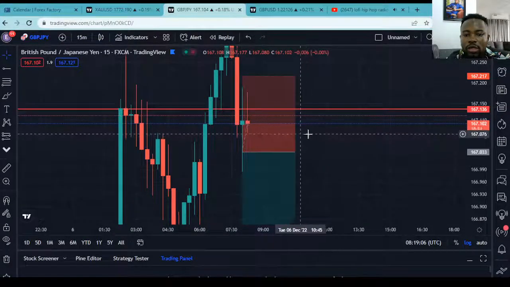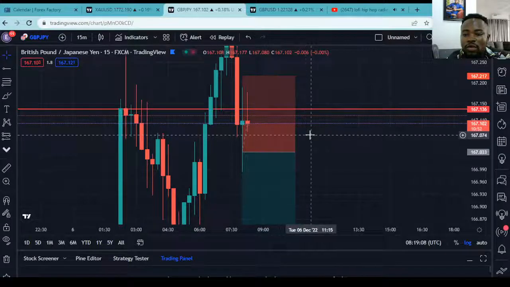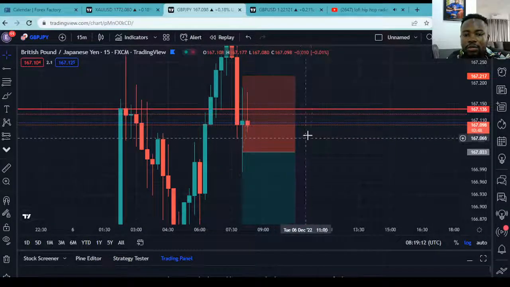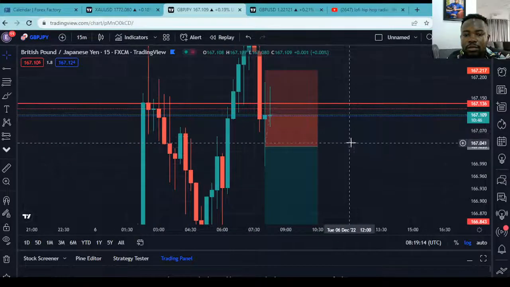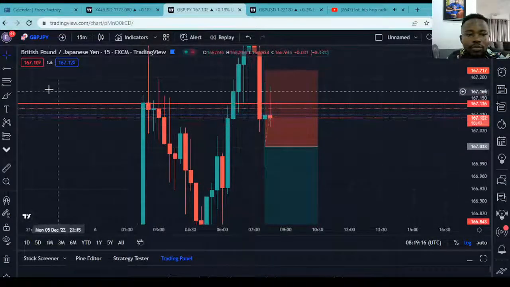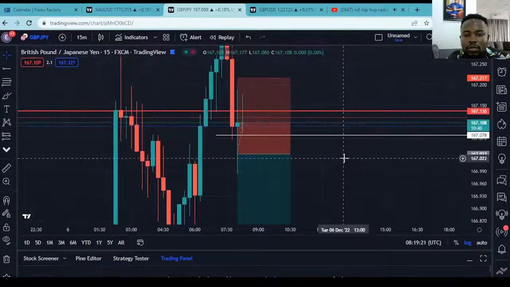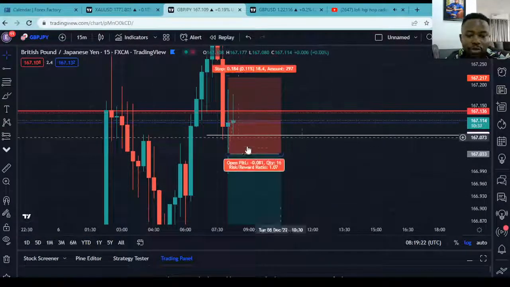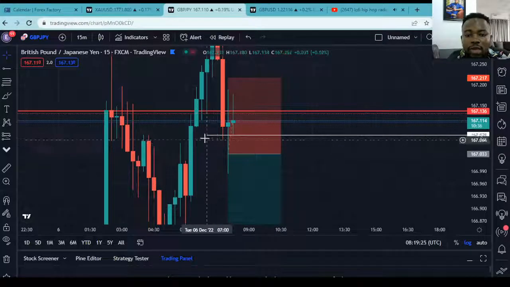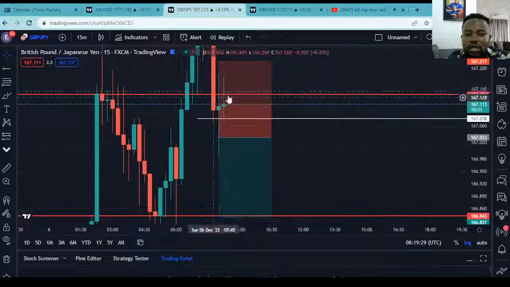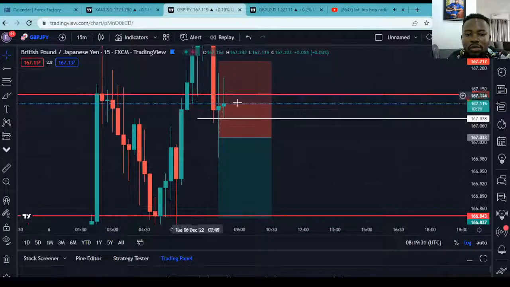I might look to add back my positions, the ones I've closed, if we break its own lows here. If we break these lows here, I will think of adding back my position for us to keep moving down. Because ideally, we are still rejecting this upside.